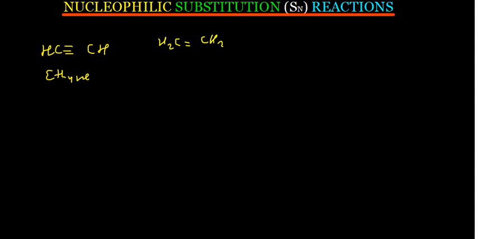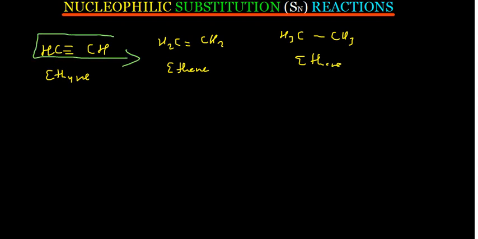This has also two carbons but it has a double bond, so this is ethene. And then we can compare with H3C single bond CH3, so this is ethane. So in here, the one we expect to be a much stronger acid is the first one, followed by the ethene and then the ethane.